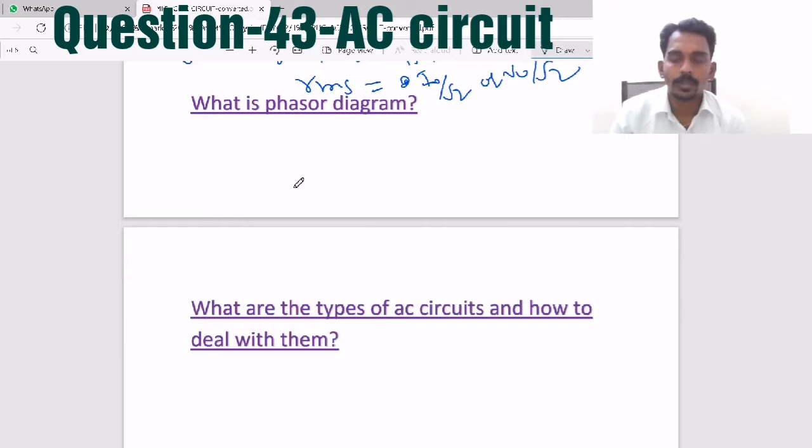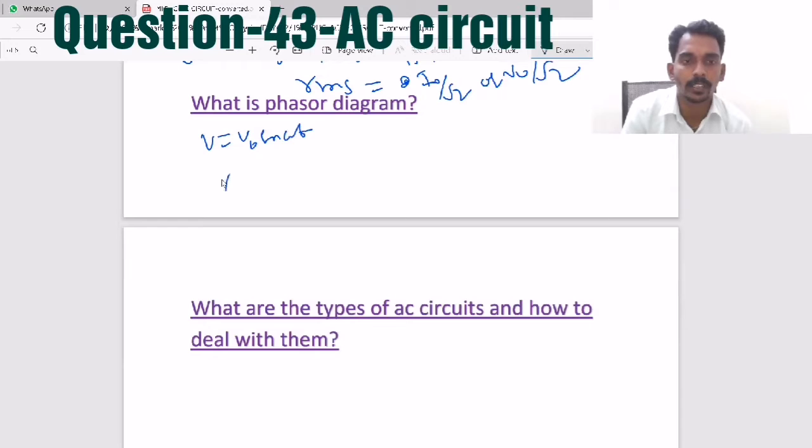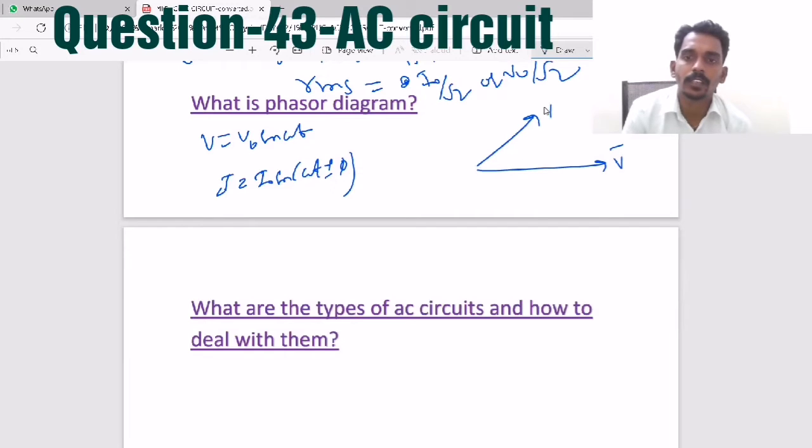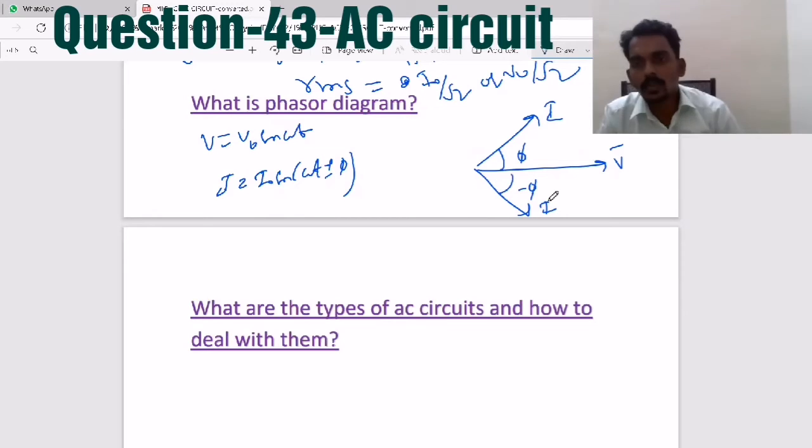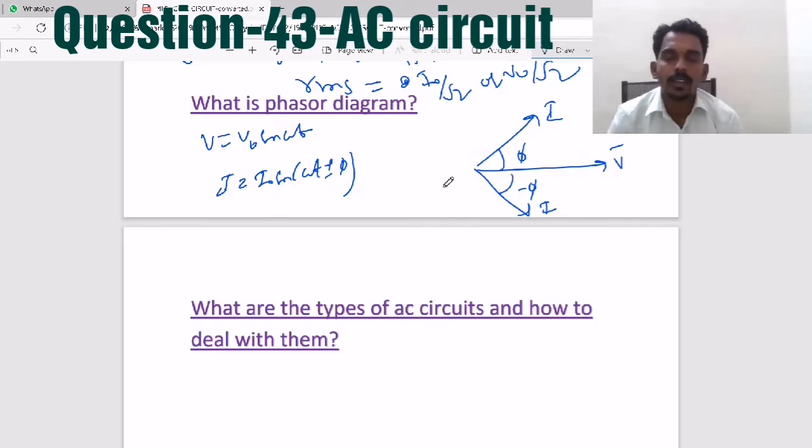Now, when you represent voltage and current in the form V equal to V naught sin omega t, I equal to I naught sin omega t plus or minus phi, if this is voltage and this is current, with this plus phi and this minus phi, you can represent voltage and current just like vectors, and that representation we call a phasor diagram.